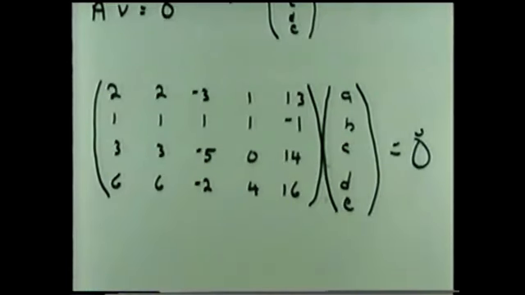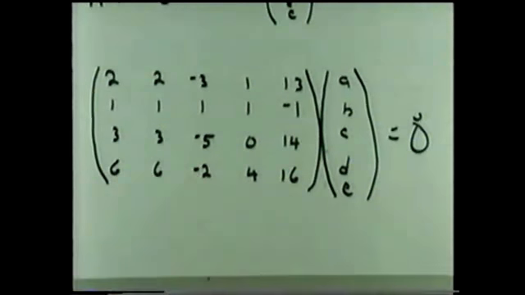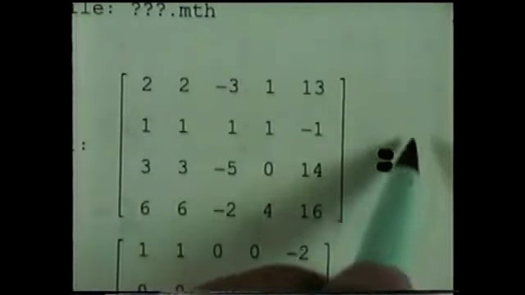What we're going to do first is row reduce. So we're going to call in Derive. This is matrix A. I simply entered A into Derive.